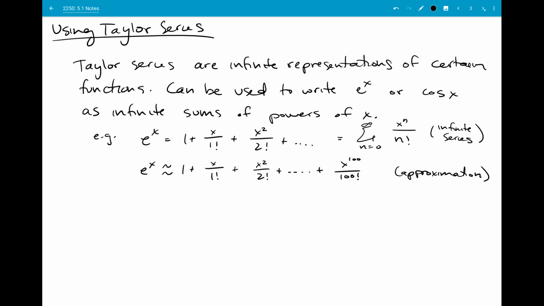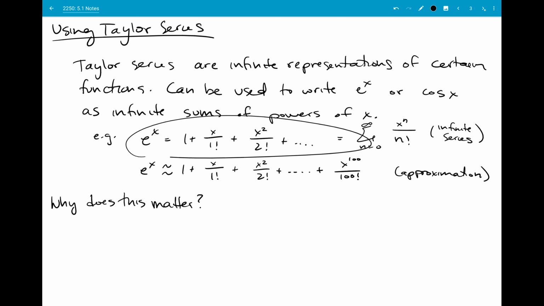So you might be wondering, why does this matter? The reason we're going to talk about this is because since you can do this for a lot of functions, maybe if you're looking for the solution to a differential equation, it's one of these functions that can be represented by an infinite series. And so you can use that to help you find a representation of your solution.